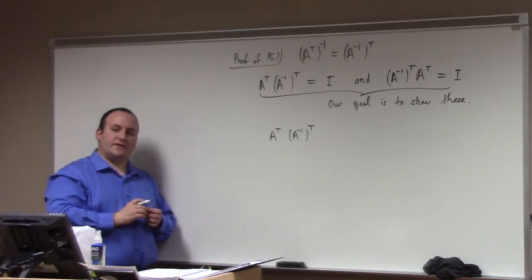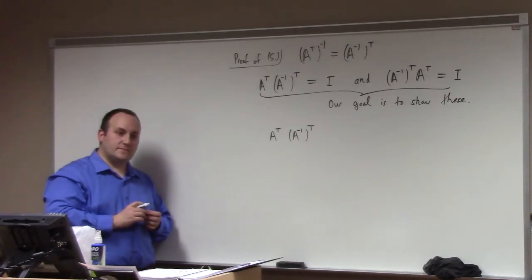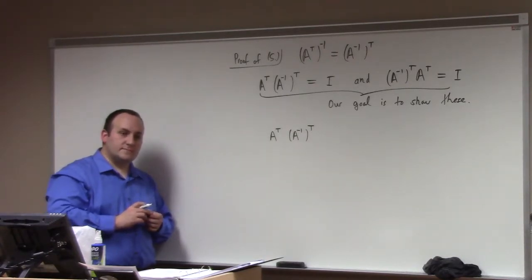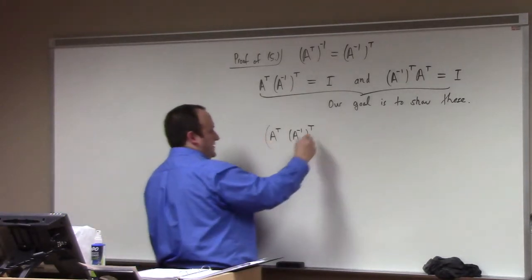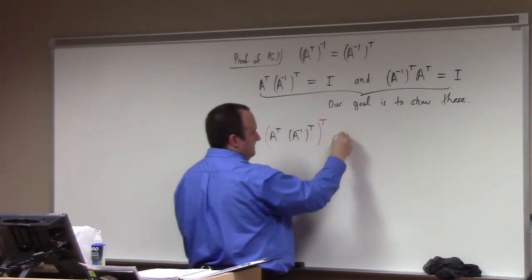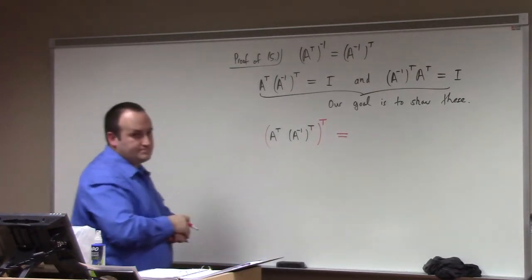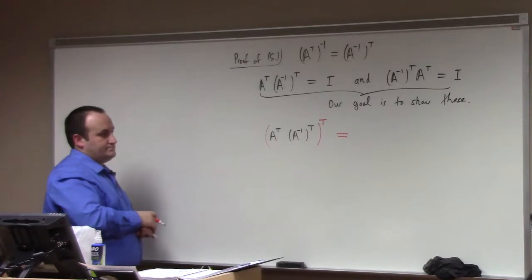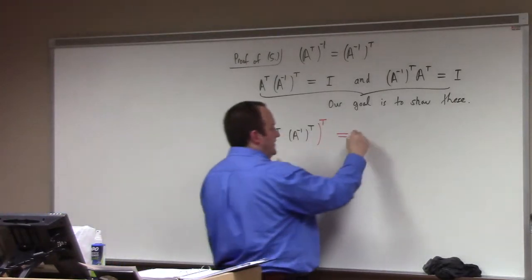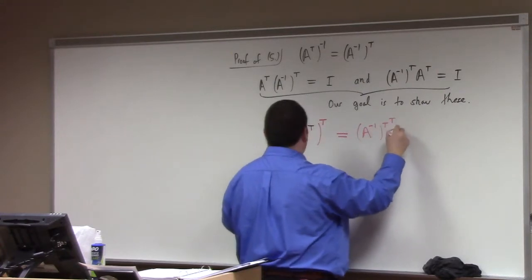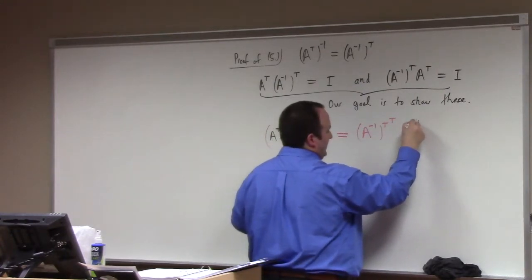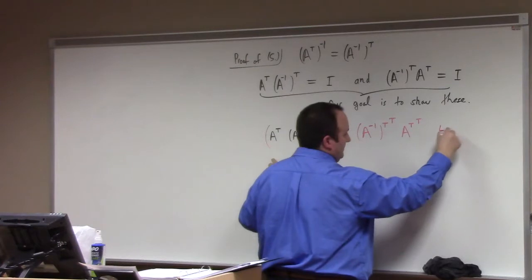And how can I get rid of transposes? Take the transpose. Yeah, I heard that. So take the transpose of that. What happens then? Sock shoes, right? So this is A inverse transpose transpose times A transpose transpose by sock shoes.